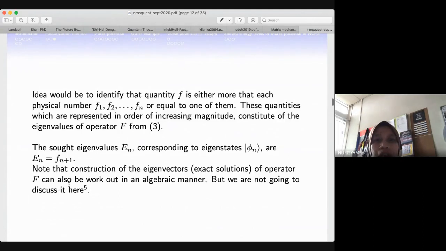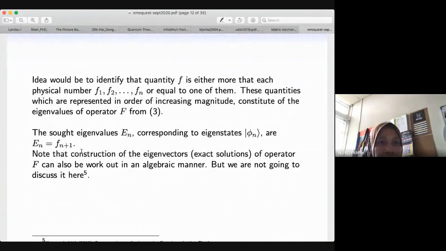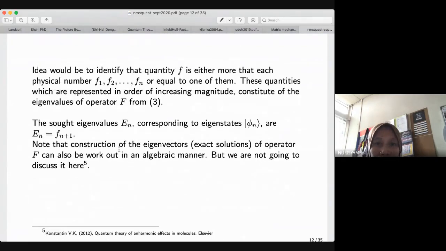Usually the eigenvalues are represented by E_n equals F_{n+1}. Note that the construction of your eigenvectors, the exact solutions of your operator F, can also be worked out in an algebraic manner. I suggest you look at this particular literature, but we are not going to discuss it here. So we leave out the eigenvectors first, just concentrating on the eigenvalues.